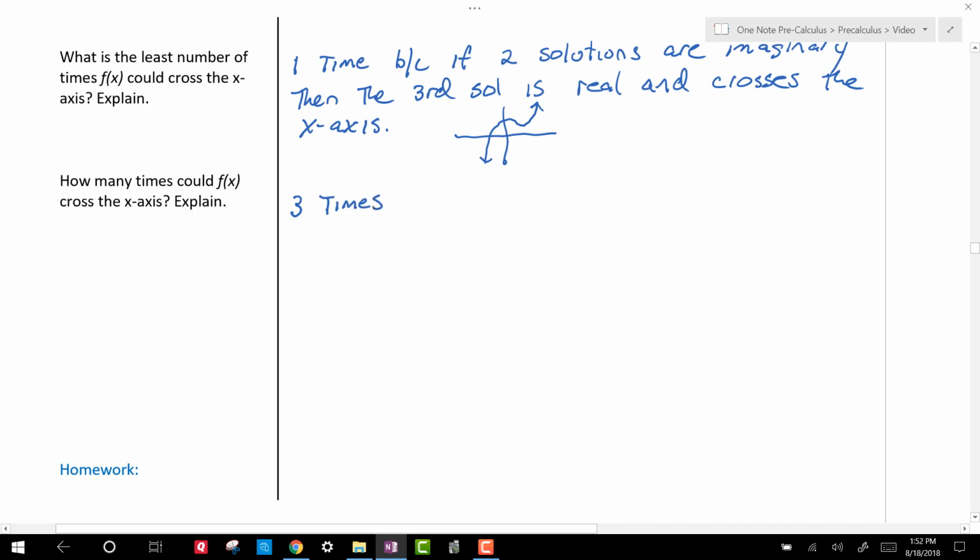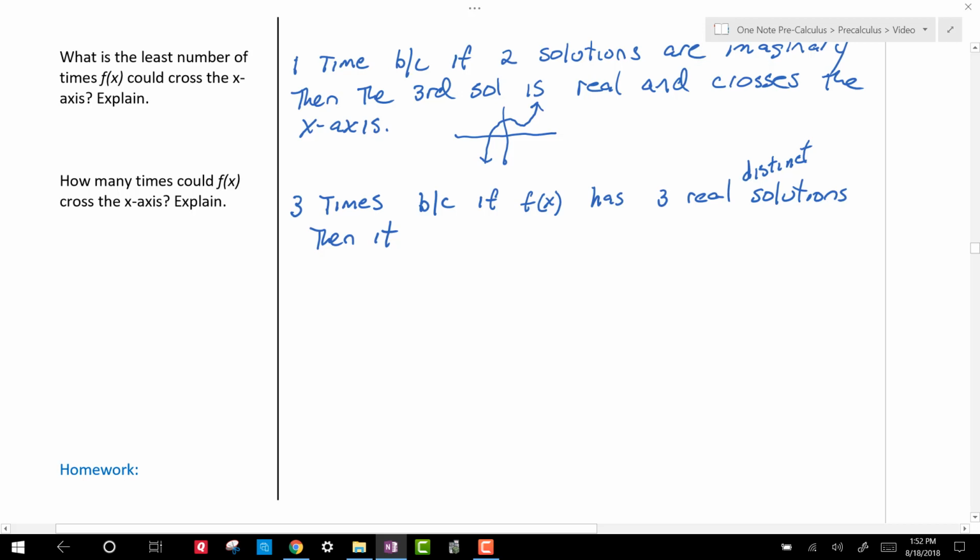All right? And the reason is because if f of x has 3 real distinct solutions, and when I say distinct, I mean like x equals 1, x equals 2, x equals 3.